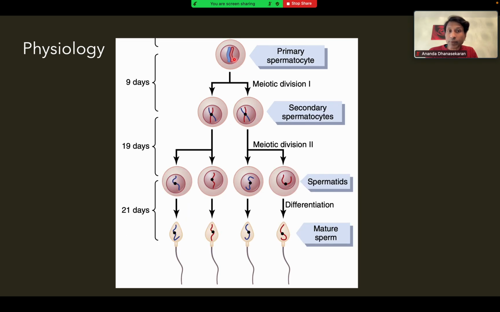This primary spermatocyte undergoes a meiotic division. See the change of spelling here. It becomes secondary spermatocytes. In the meiotic division, we have divisions 1 and 2. In meiotic division 1, the same pair is maintained. In meiotic division 2, you can see that the pair has become half. Only half of the chromosomes is maintained. And they are known as spermatids.